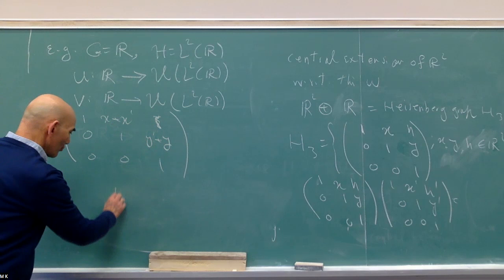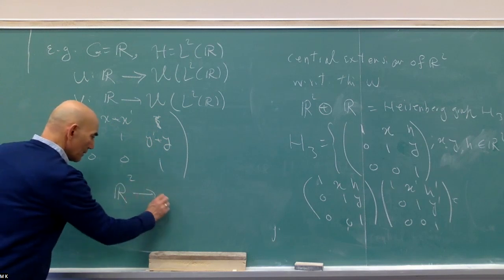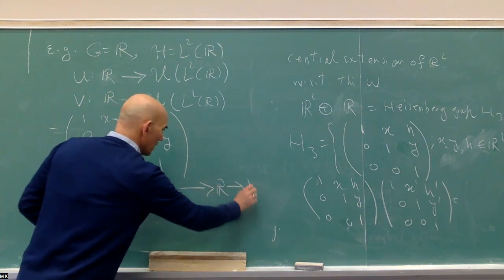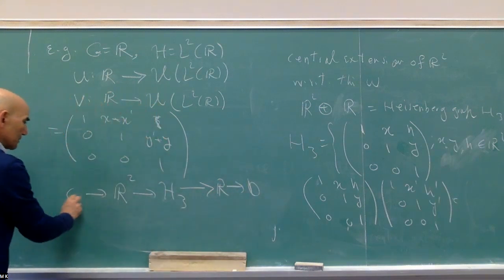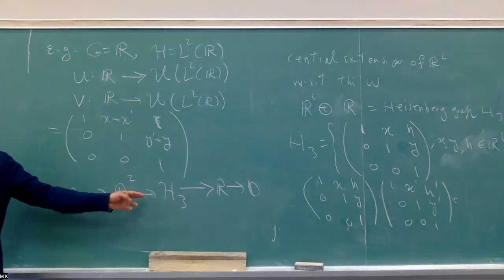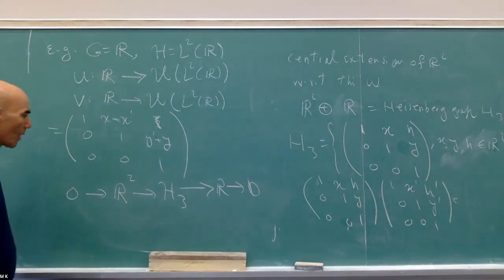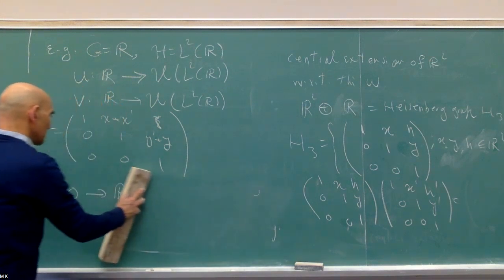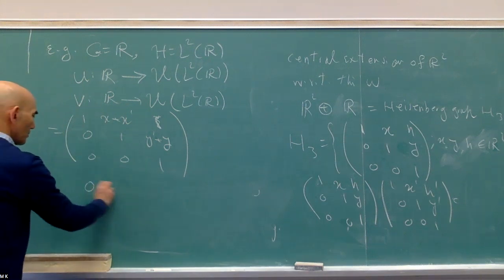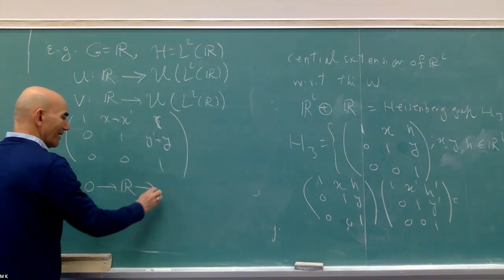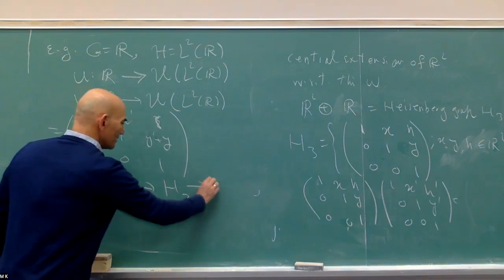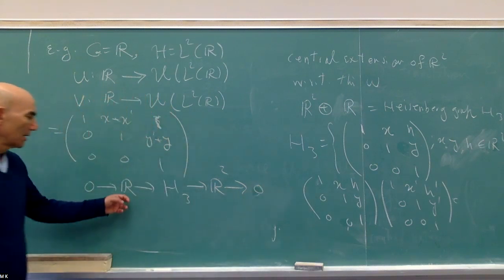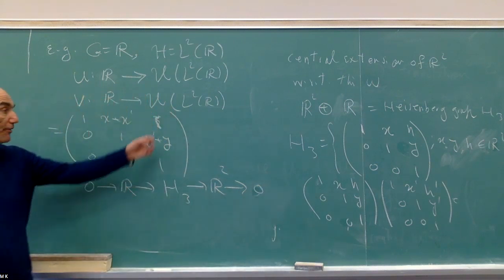In other words, we have a sequence 0, R, H3, R2, and this copy of R, which is over there, is in the center.